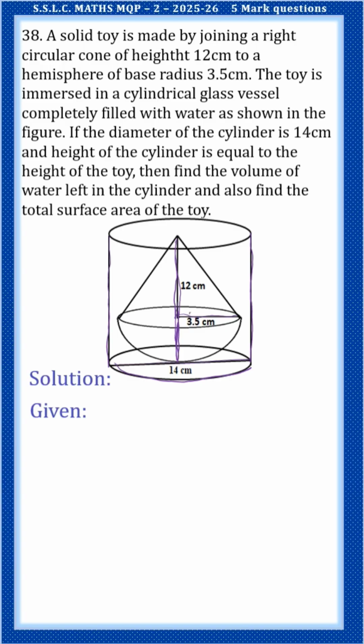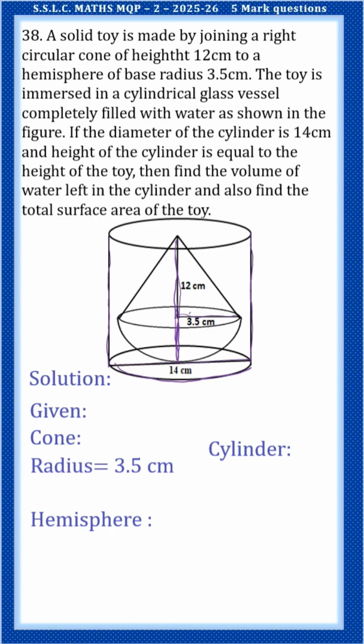What has been given for cone, hemisphere and cylinder? Let us have the data. For cone, radius is 3.5. For hemisphere also radius 3.5 centimeter. Height of the cone is 12 centimeter.